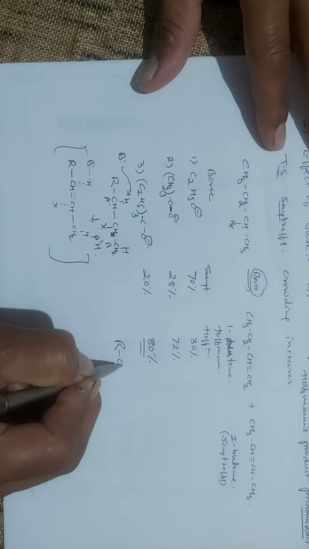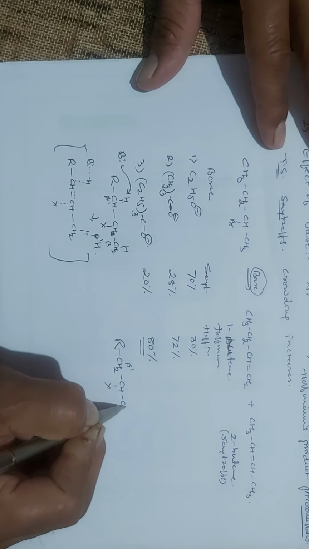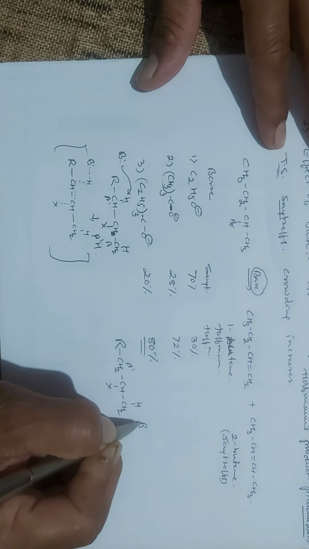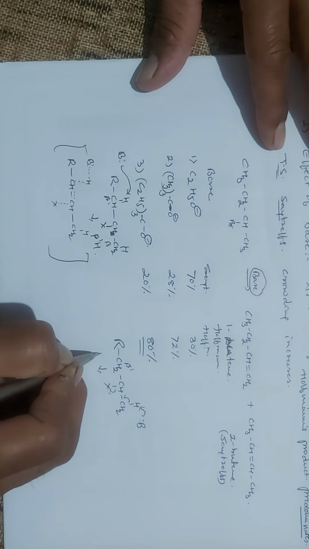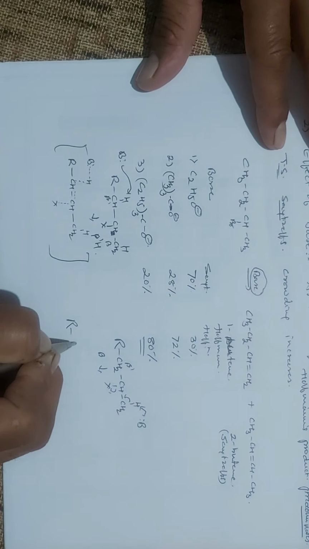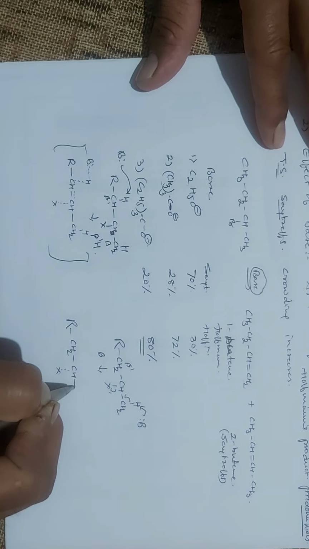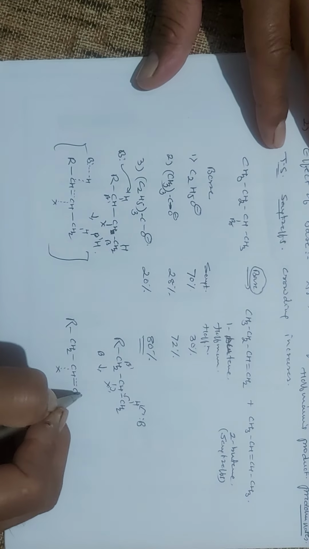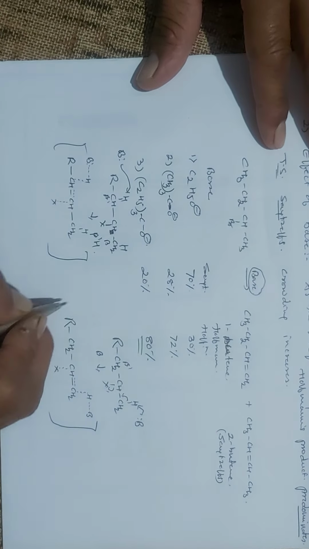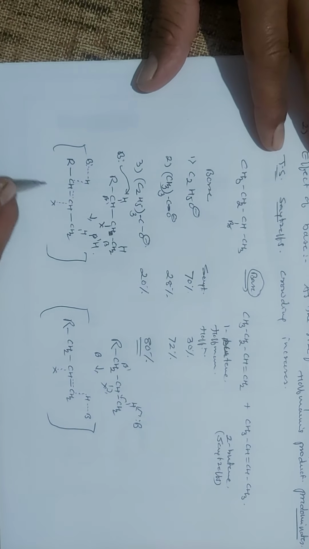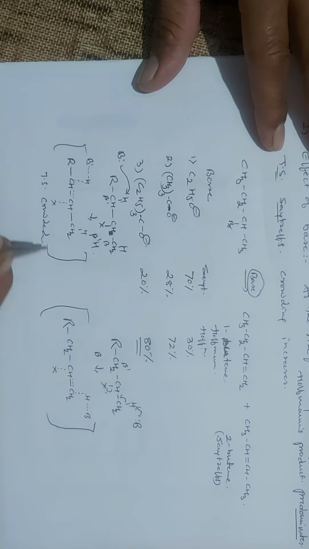And here if we see RCH2CHX, this is beta dash and this is beta. The base attacks here, and by eliminating the beta hydrogen atom, the transition state which is obtained here is more crowded, means the transition state is a cluster.